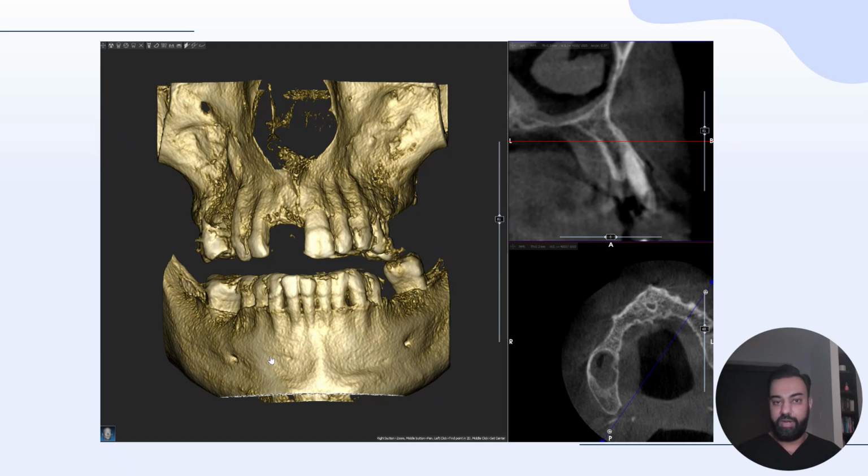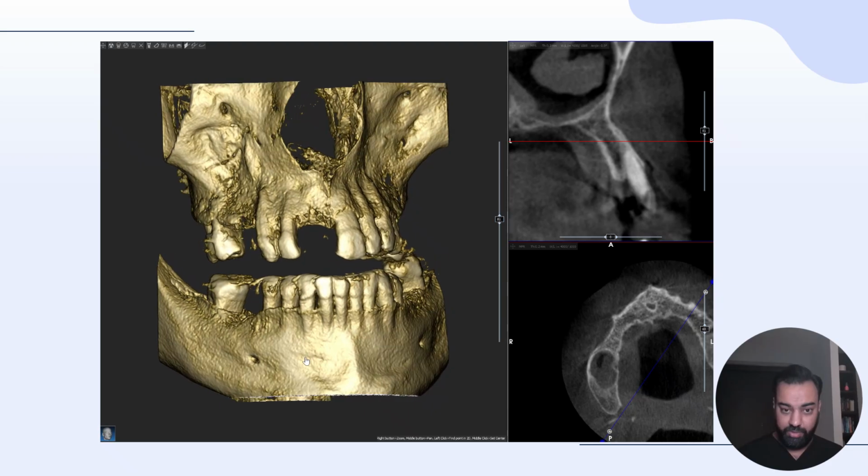It adds on quite a lot. These options were discussed with him, and he explicitly chose to go with an implant supported option.